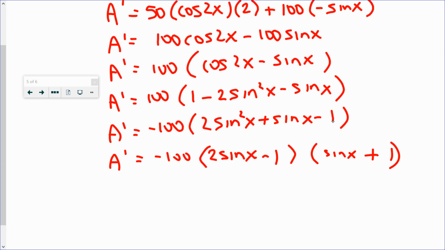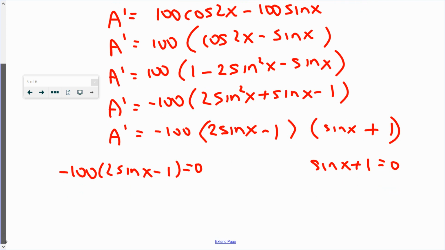Okay, let me just make sure I'm all good. Yes, I am. Okay, so 2 sine squared, sine minus, okay, we're good. So critical value, set each factor to 0. So I'll set -100 times 2 sine x minus 1 equals 0, and I'll set sine x plus 1 equal to 0. Okay, so my first one, divide both sides by -100.